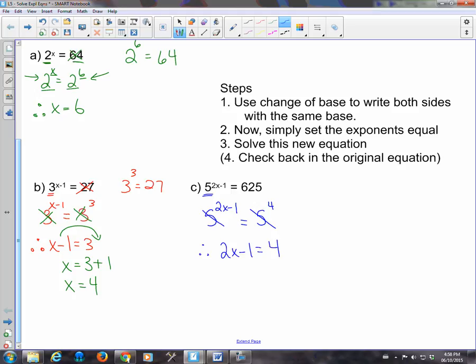And when I haven't got just x equals a number, I'm going to solve the equation by doing the opposite operation. So instead of subtracting 1, I bring that over and I add 1. And then instead of multiplying by 2, I'll divide by 2. So you can do 5 divided by 2 and get a decimal, or you can leave it as 5 over 2, whichever way you're more comfortable.